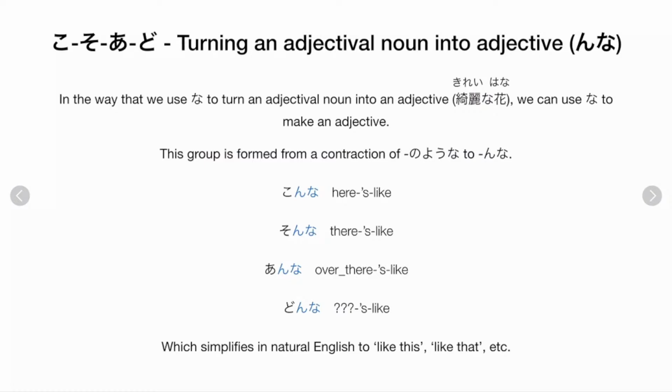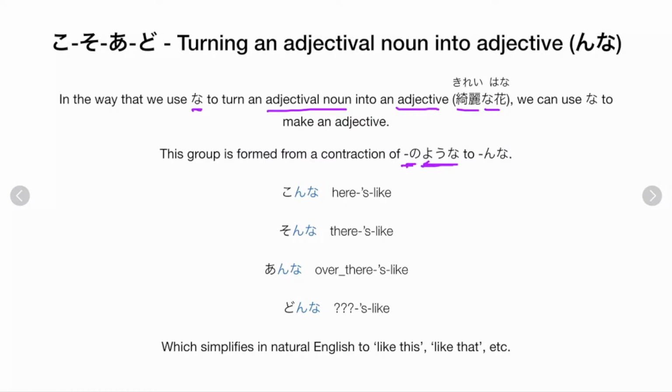So we know that we can use na to turn a noun into an adjective. So kirei na hana, out of hana ga kirei da, that changes to na, kirei na hana. So we can use na to make adjectives, okay? And the way you do that is no yo na. Yo means form.